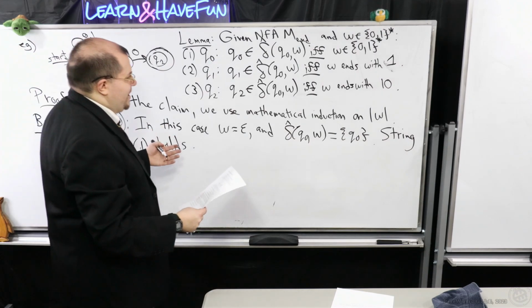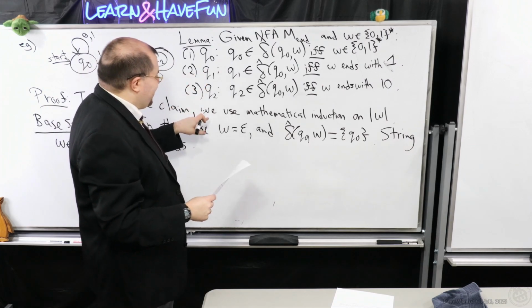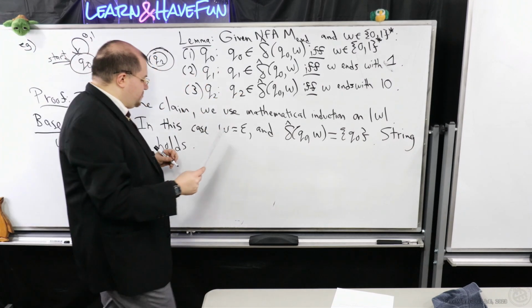So, well, let's see. The empty string most certainly doesn't end with a 1, right? So we're okay here. And it doesn't end with 1, 0, so we're okay here too, right? So let's just say that.